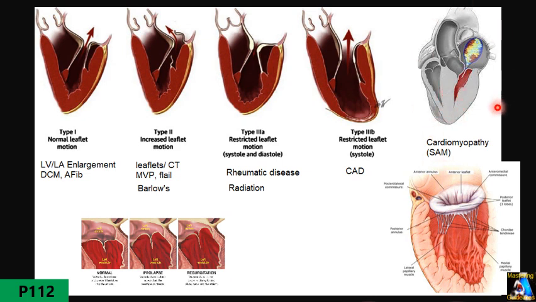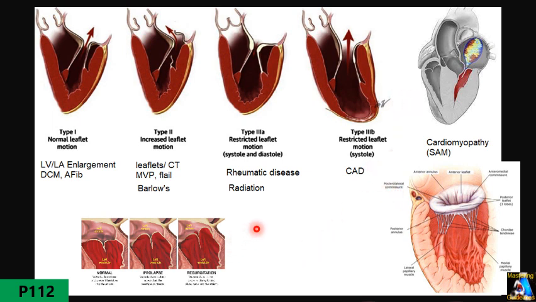In another, completely different lecture on hypertrophic cardiomyopathy, we are going to explain it in detail. Just remember, the majority of SAM involves the anterior mitral valve leaflet, but there are a few reports that it can happen to the posterior mitral valve leaflet too.